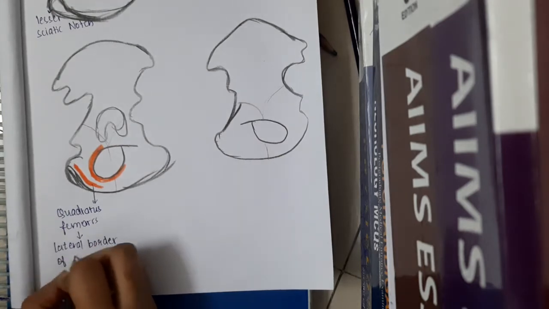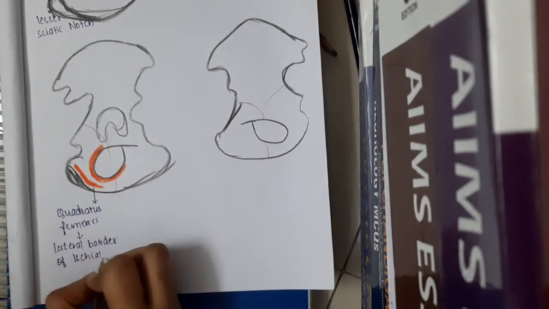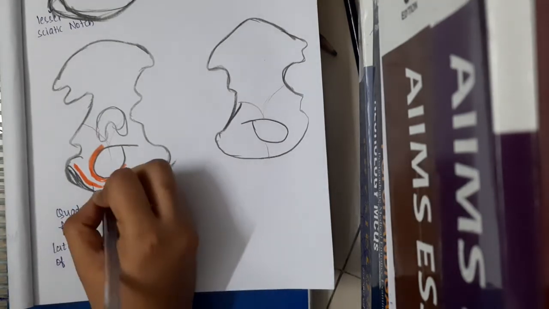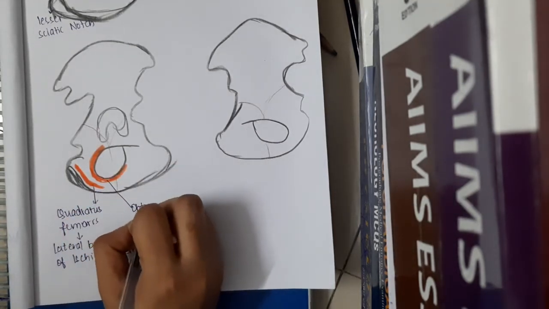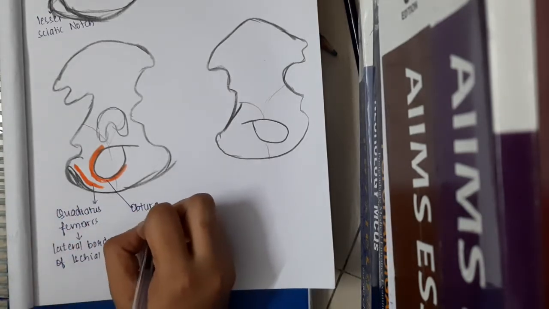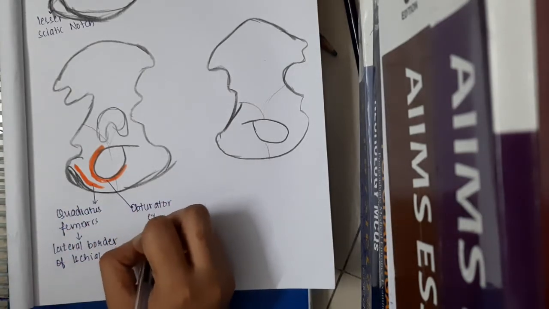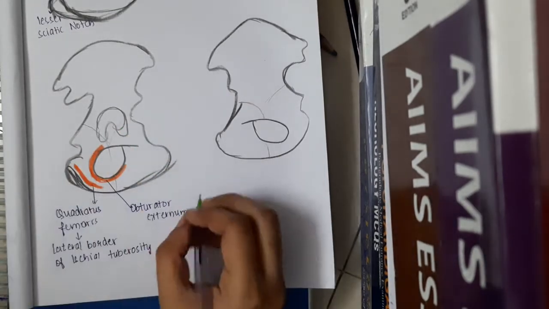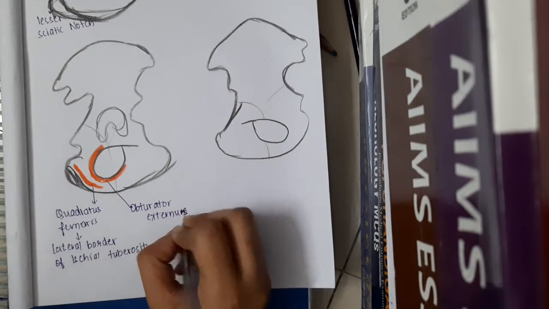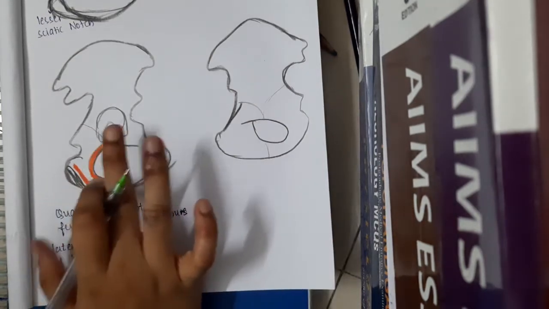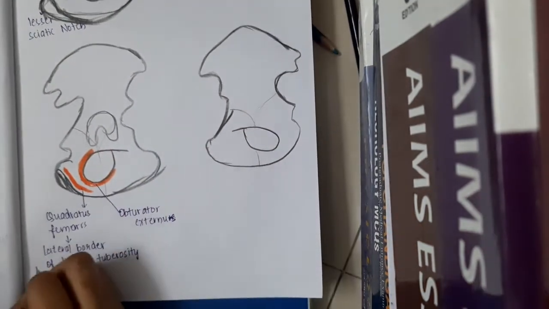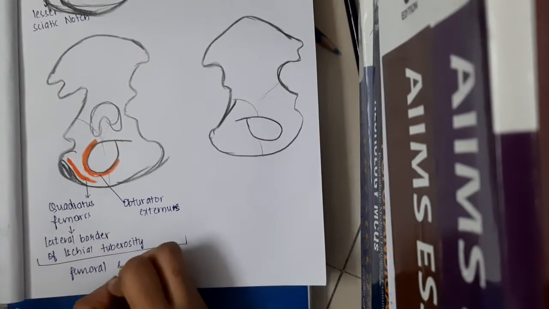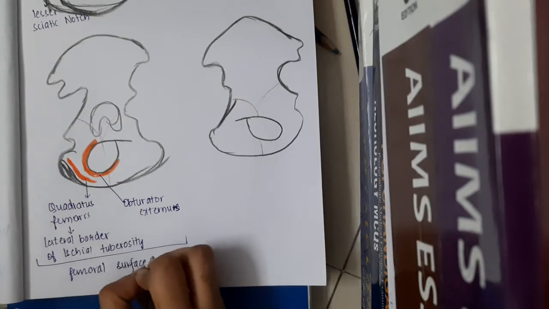And you also have obturator externus, which arises from the obturator foramen and covers it. So both of these arise from the femoral surface of ischium.